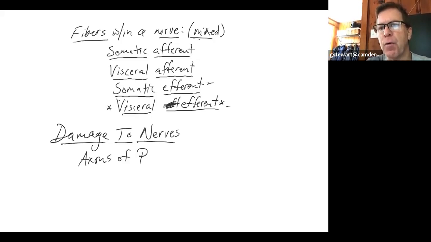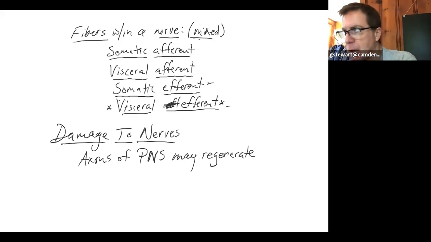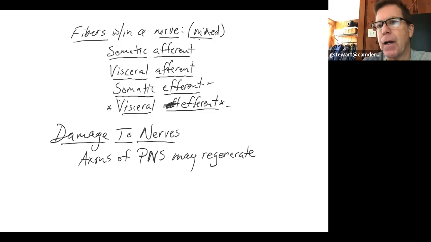Axons of the peripheral nervous system may regenerate. And that's not because they're stem cells, constantly cranking out new cells. These cells are amitotic. There are no stem cells. Once we're born with our neurons, we basically have to live with them. So thank goodness they have longevity, a long lifespan.